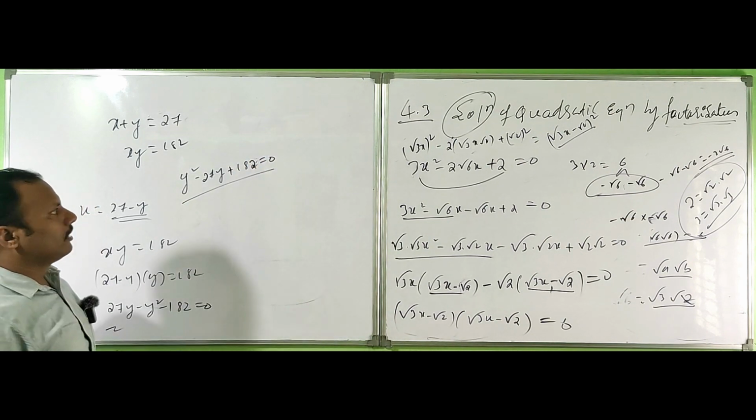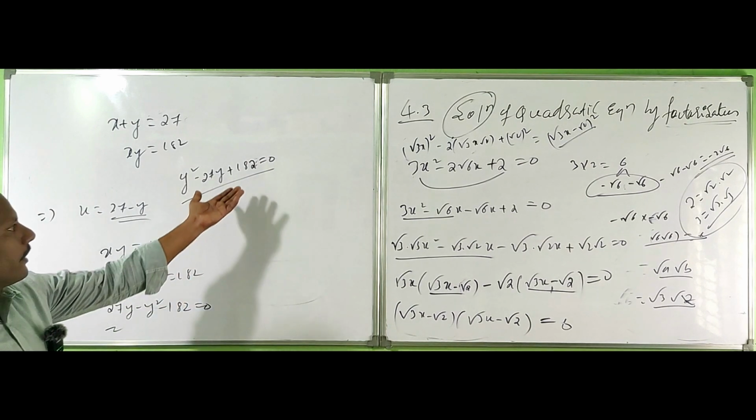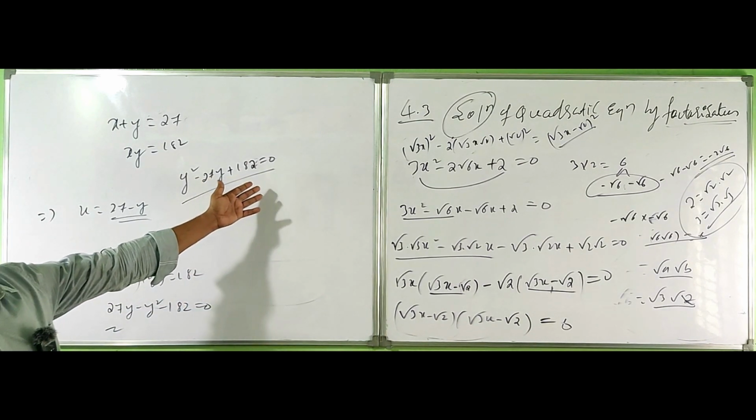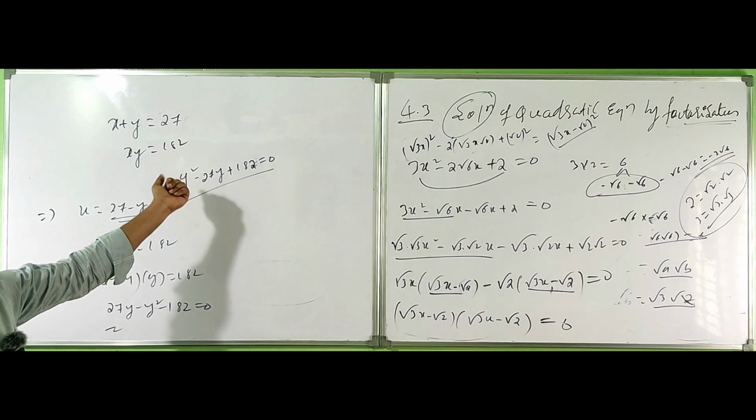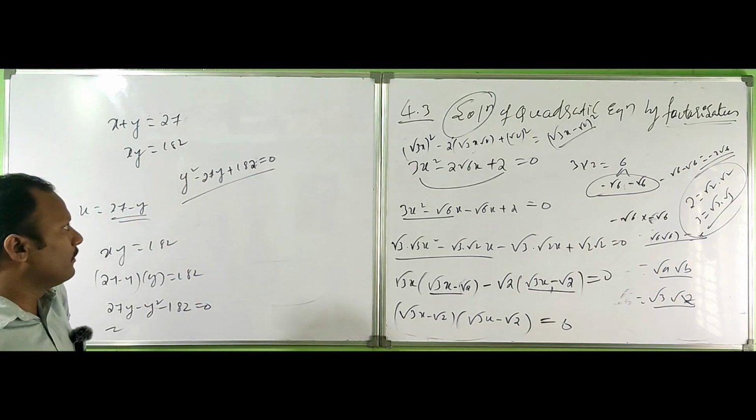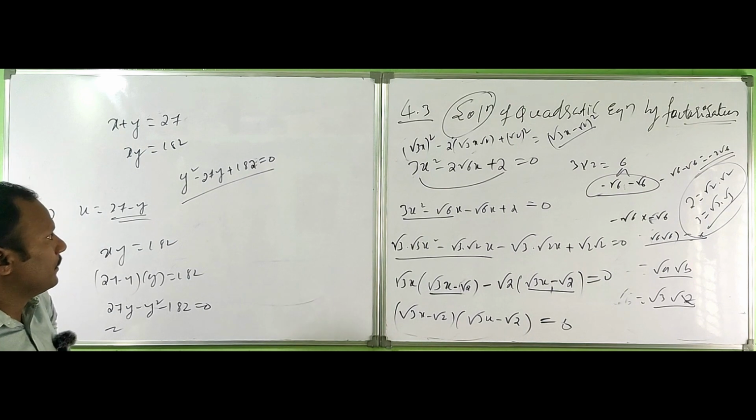Then find this product. The product should be 182, and the sum should be minus 27. One of the values here, 182.